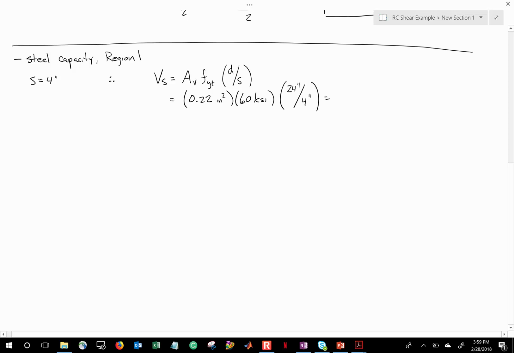So plug and chug. That is 79.2 kips. All right. ΦVS is just taking that and multiplying it by 0.75.